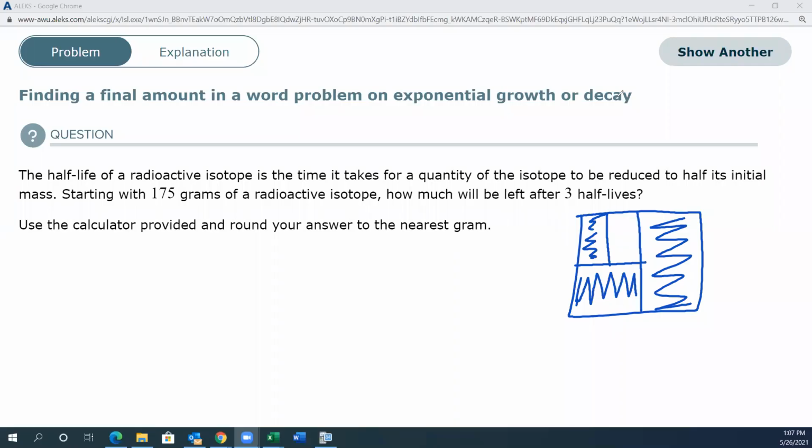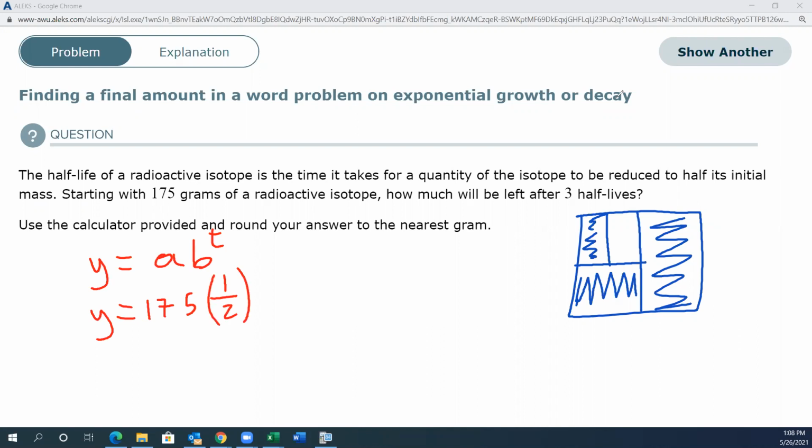Now, kind of getting back to what we did in the last topic, another way of exploring this would be to say, all right, let's do a y equals a b to the t equation. Where a is what we start with. Well, we start with 175 grams of this stuff. And b is what percent we're going to end up with.